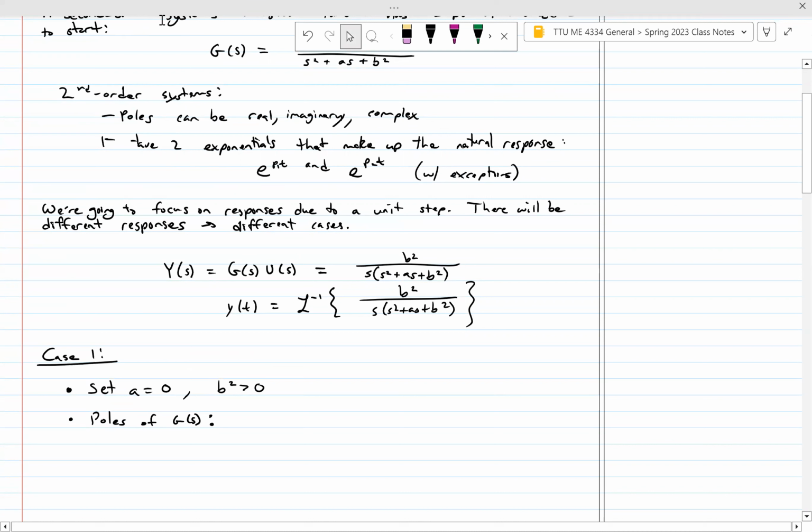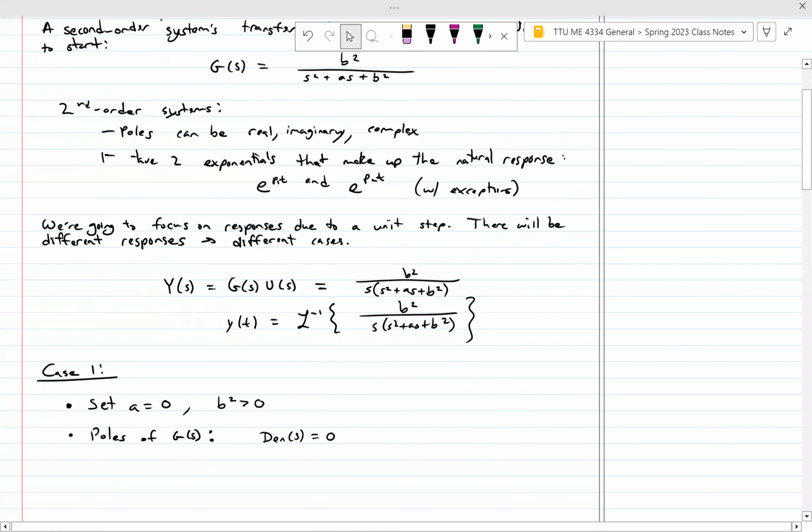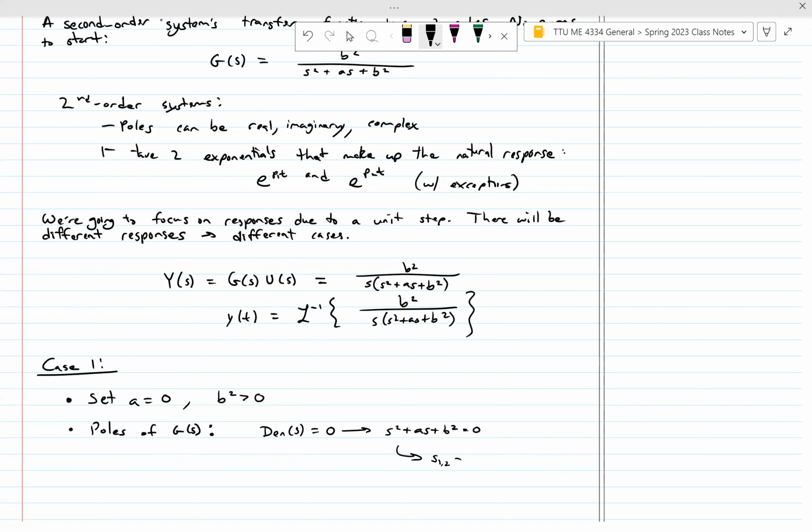What's the characteristic equation for a transfer function? Set the denominator equal to 0, right? So we're focusing on the transfer function G(s) here. So we're going to set s squared plus as plus b squared equal to 0, right? What do we get for our poles in this case? What are they equal to?